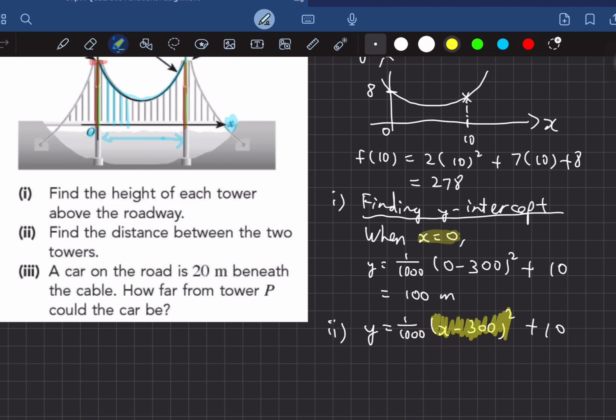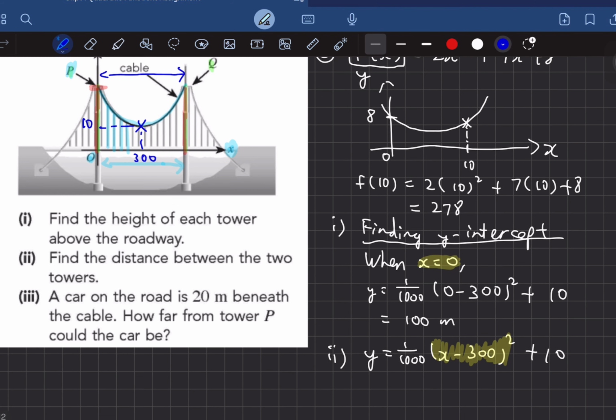And we know that the turning point, which is here, is actually 300 and the height here is 10. Because it's symmetrical about the turning point, students can straight away say it's 300 times 2. That's one way.